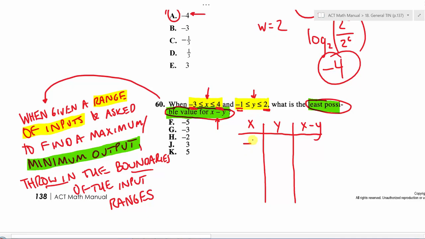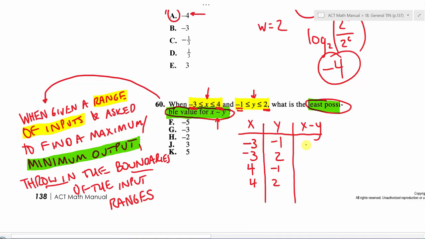In other words, we're going to do -3 for x and -1 for y, so that's low, low, and then -3 for x, 2 for y, that's low, high, and then 4 for x and -1 for y, that's high, low, and then 4 and 2, that's high, high, and watch what happens.